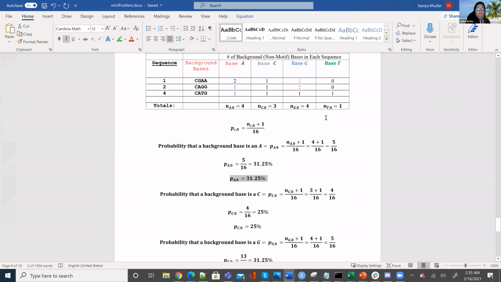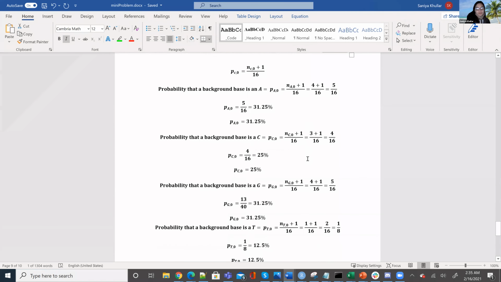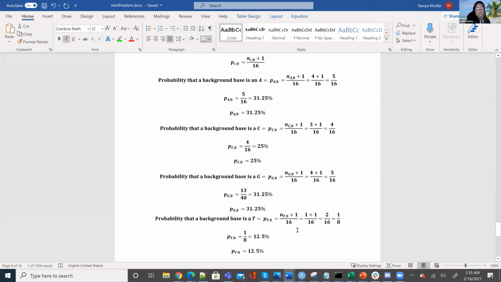Like you can see this T probably would get pulled up a little bit, because we would find 1/12, which is approximately 8.33% of the background bases, but it gets pulled up because of this to 1/8. It gets pumped up by 1, and it's 12.5%.